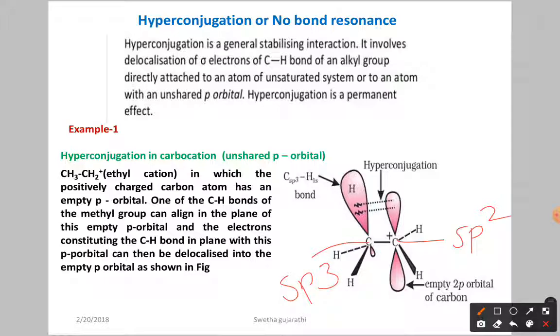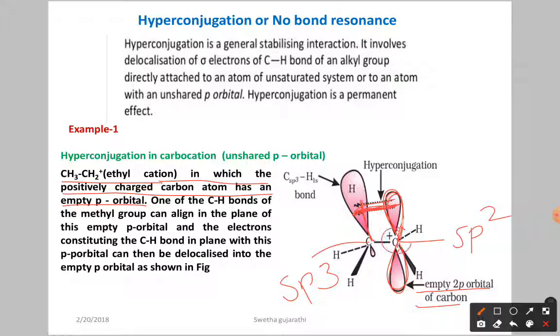Now the sp2 carbon has one empty 2p orbital. Because of the empty p orbital, the electrons of a CH bond, here we have one more CH bond, will go to stabilize this positive charge by moving toward this p orbital. In CH3CH2 plus, the ethyl cation, the positively charged carbon atom has an empty p orbital.